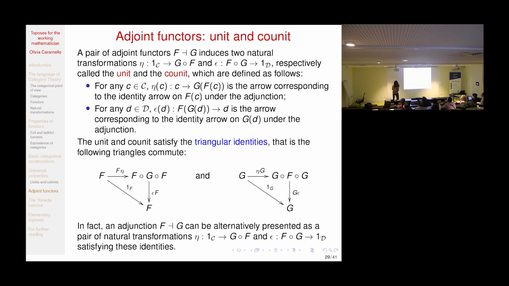Because, essentially, by the naturality conditions, it suffices to look at where the identities are sent. Because where they are sent determines where every other element, every other arrow should be sent.